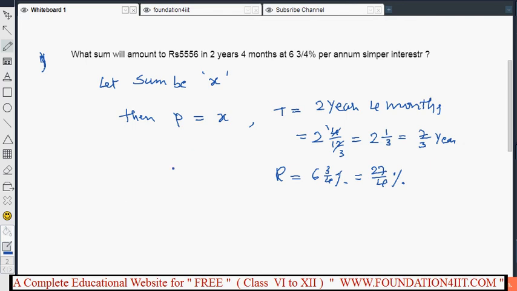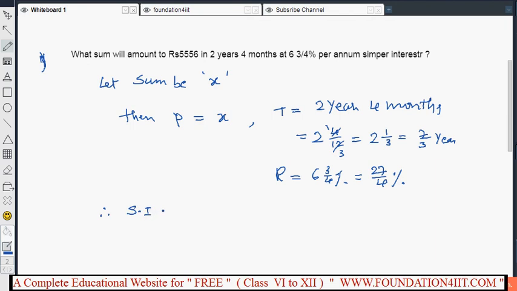Now simple interest is equal to. Here simple interest is not given, but it is amount minus principal, and even the amount you don't know. So P is equal to x, with time and rate, first let us take the simple interest because the amount is given.